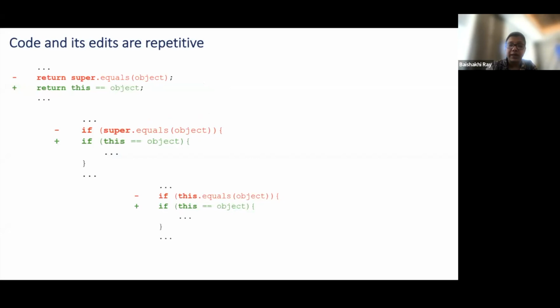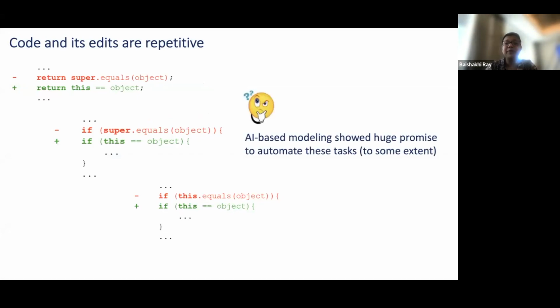So in such a case, AI based modeling showed huge promise for automating different tasks like the task I just showed, because first, code is very repetitive. Many people showed that.